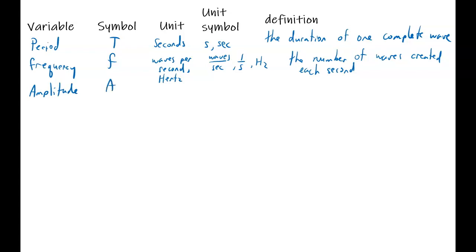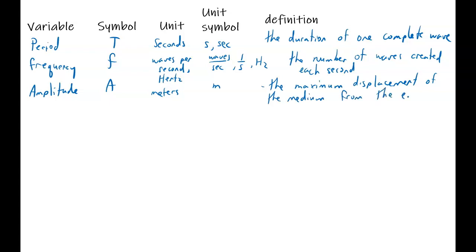The same is true of amplitude, which is kind of like the bigness of the wave. That's a capital A. It's measured in meters, which is a lowercase m. And that would be how big the wave is, but if I want to be much more clear and specific, the maximum displacement, that's just movement, of the medium, that's the stuff the wave is moving through, maximum displacement of the medium from the equilibrium point.